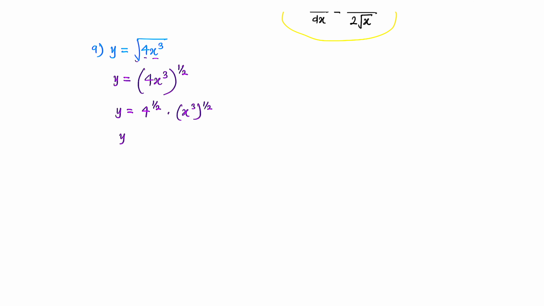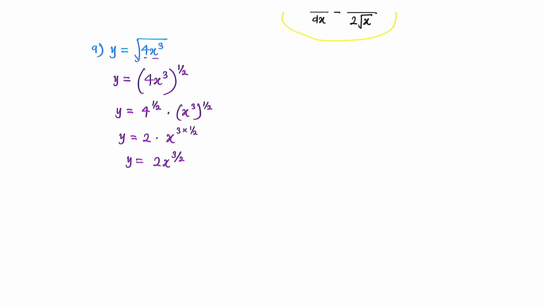So y equals, of course, 4 raised to power 1 over 2 is the same thing as saying square root of 4. So square root of 4 is 2. Multiplied by x raised to power 3 multiplied by 1 over 2. So you have y equals 2x raised to power 3 over 2.